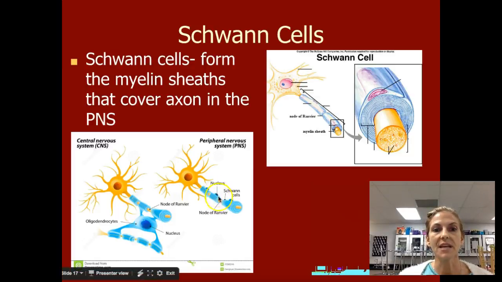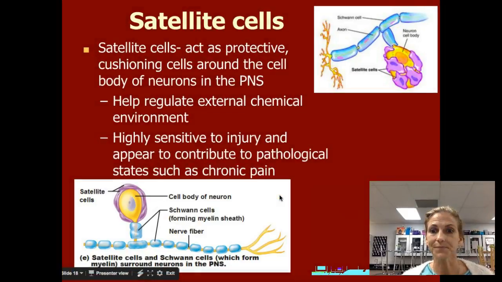So this cell wraps itself around and around the axon, just like these extensions did. So the oligodendrocyte does in the CNS what the Schwann cell does in the PNS. It creates, see here, we see it going around and around. So it creates the protective coating of the axon, and helps to speed up neural transmission.